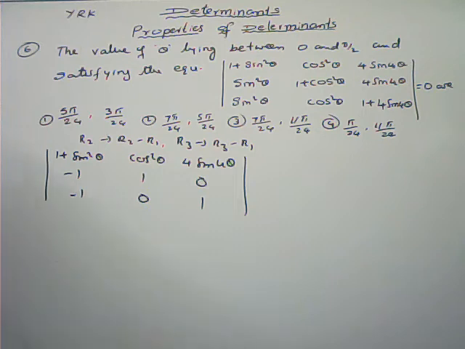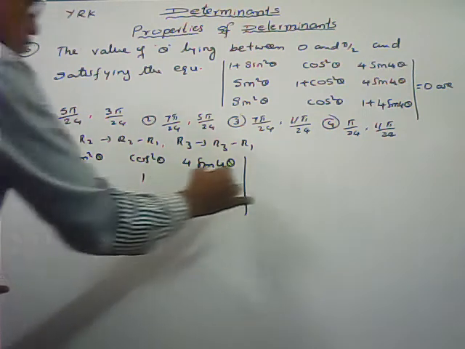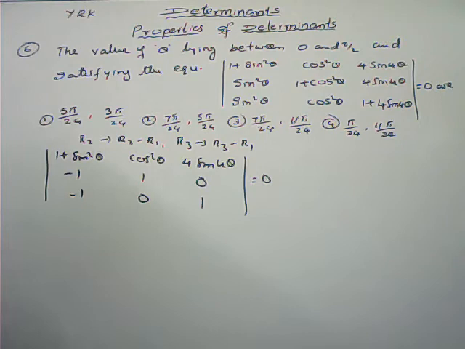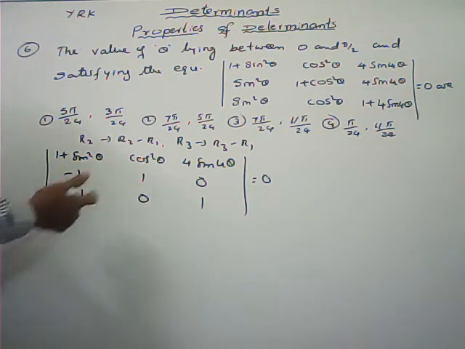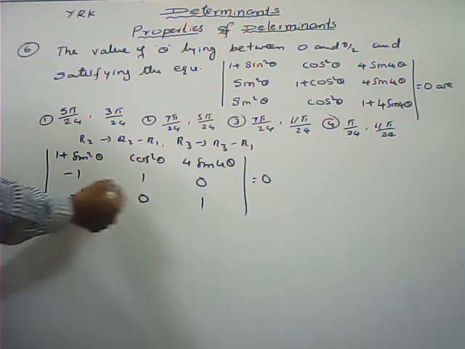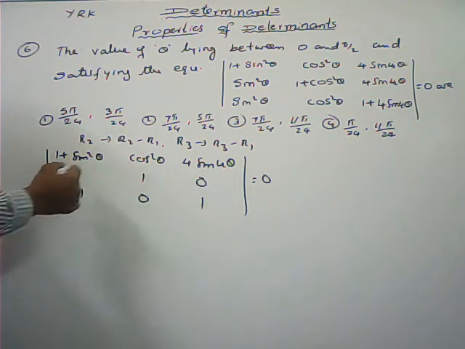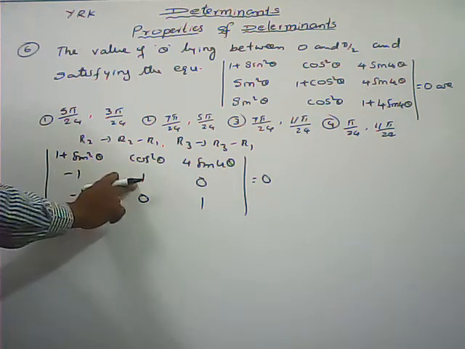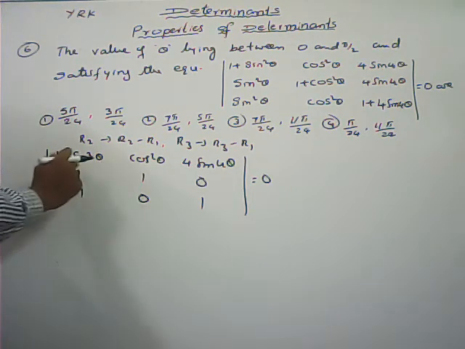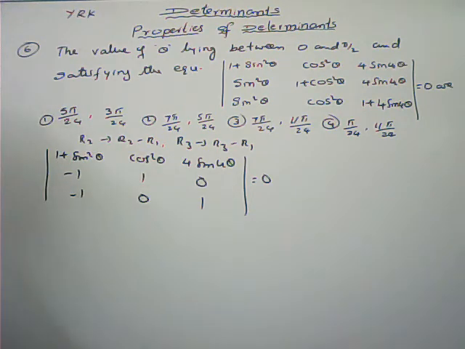Next, to get one more 0 here, that is equal to 0. Here to get one more 0, what I am doing, here also we can expand directly, otherwise further simplification. Here minus 1, here 1 is there, minus 1 plus 1, 0, and sin square plus cos square we can get 1.